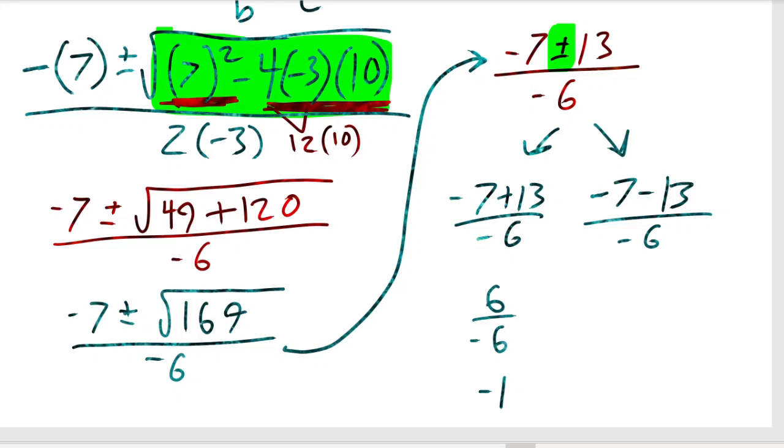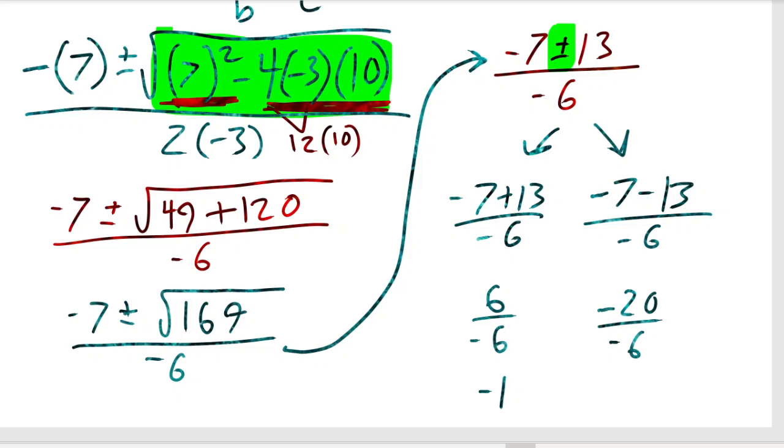On the other side here, both numbers we're combining together are negative, so we're going to have an even larger negative number. 7 plus 13 gives us 20, and we're still divided by 6. There's 2 ways we can write the answer for this. The first way, we can write this fraction in its simplest form.